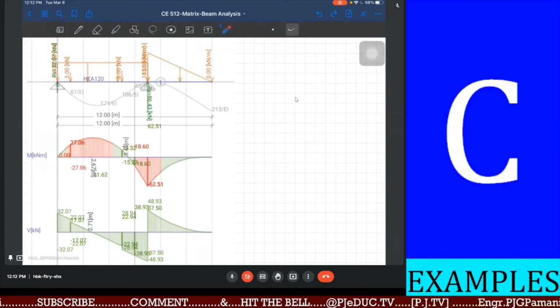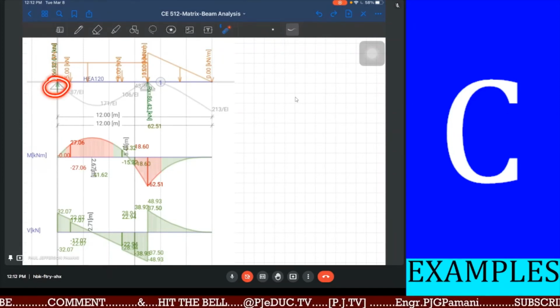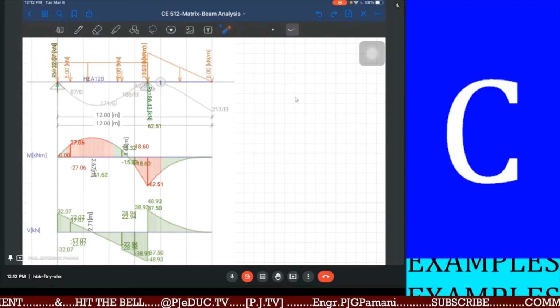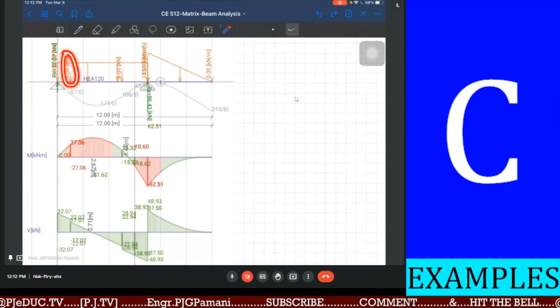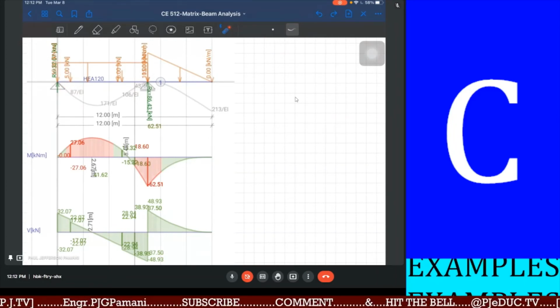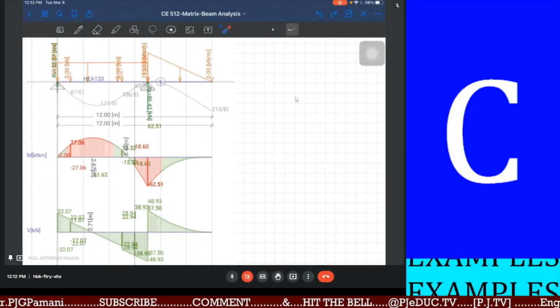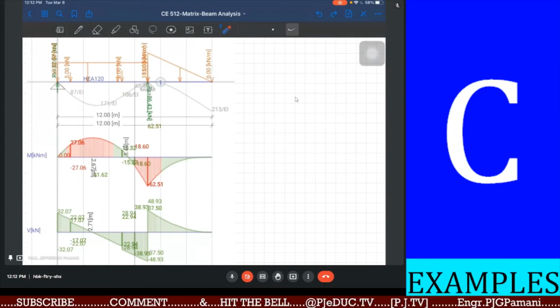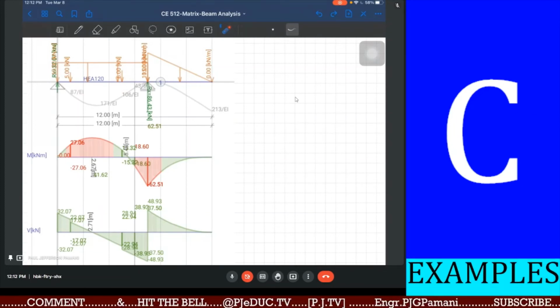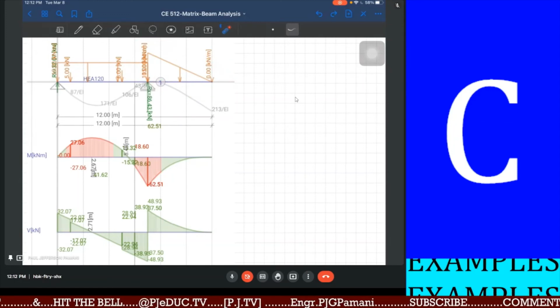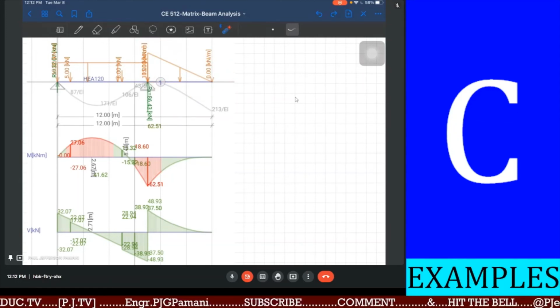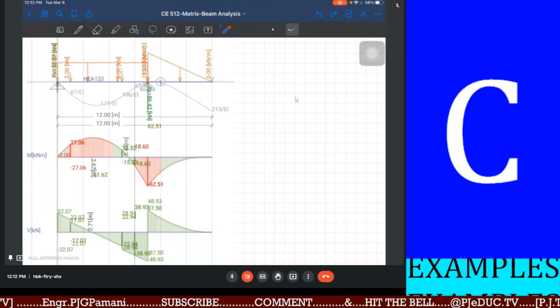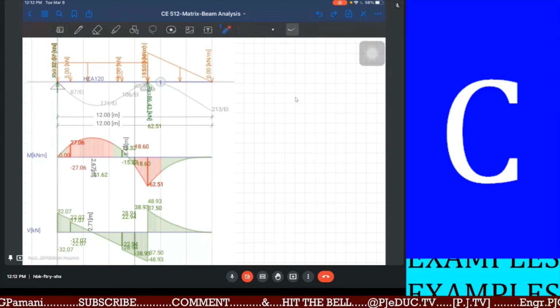Yes, sir. So, ito yung ating hinge, ito yung roller, ito yung uniform load na 10 kilonewton meter, concentrated load na 5 kilonewton 1 meter from point A, and another concentrated load of 6 kilonewton 5 meters from point A, and our varying load of 15 kilonewton 5 meters from point D. As you can see here, tama yung ating shear diagram.